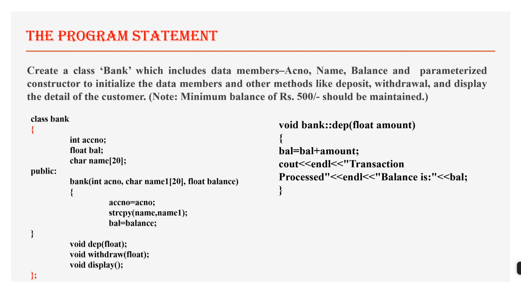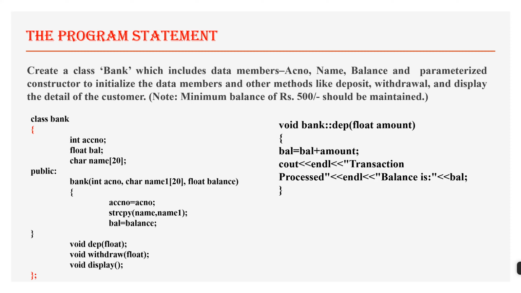Now here the problem statement is mentioned like this. What is the program? It says create a class called bank which includes account number, name, balance, and a parameterized constructor to initialize the data members, and then other methods like deposit, withdrawal, and display the details of the customer.